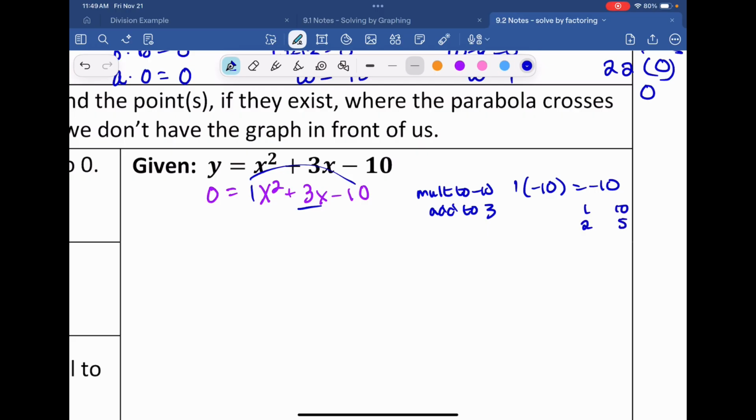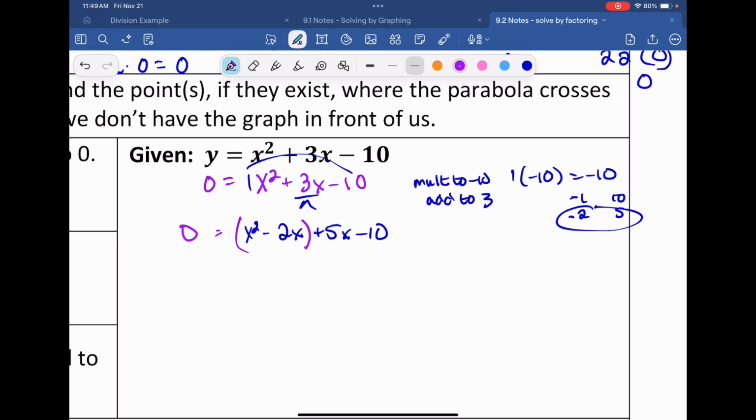If you need to go back to your unit 5 notes, I think. Unit 6, maybe unit 6. I don't know. I'll find out. If you have a positive b, negative c, that's our little guy that's negative. And we see that one's the one that adds together to be 3. So we break this up: minus 2x plus 5x. You're going to keep bringing down that 0. You're not going to do anything with it yet, but you're going to keep bringing it down.